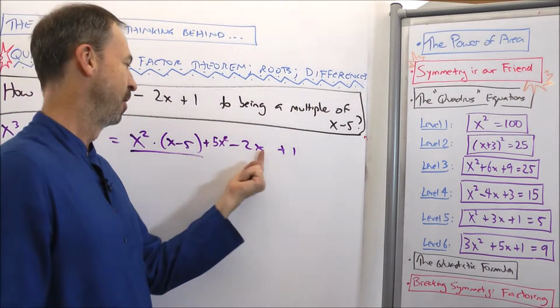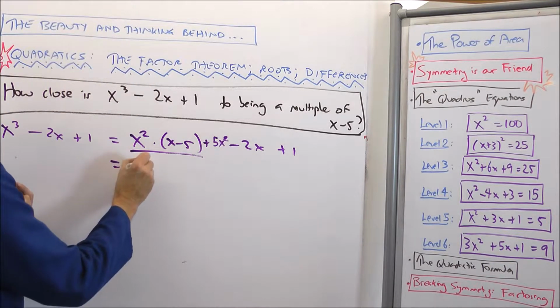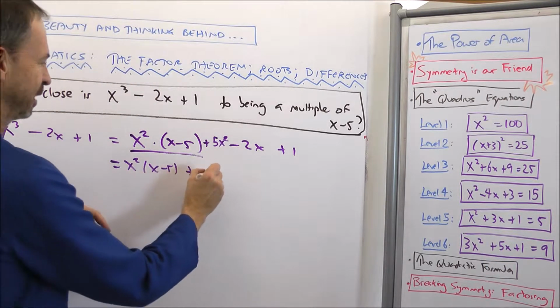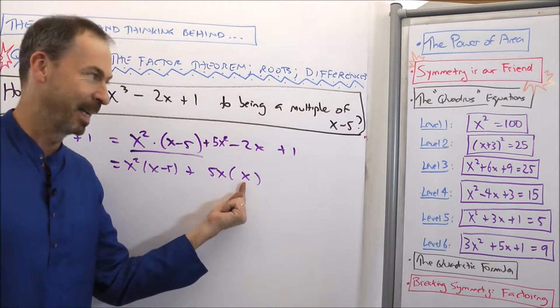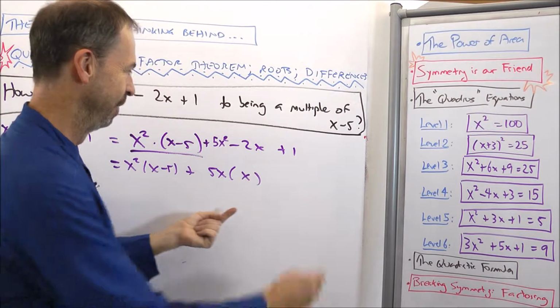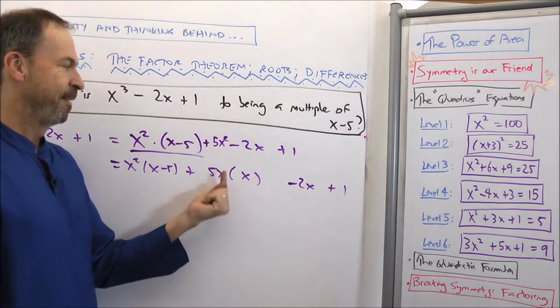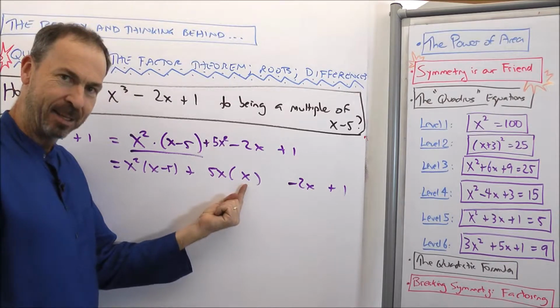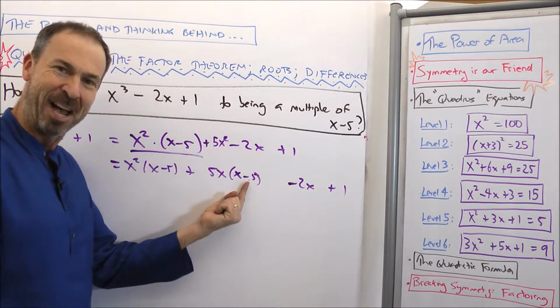Now let me focus on the next term, 5x squared. So I've got x squared times x minus 5 plus 5x times x. It's a multiple of x at least, but I want x minus 5. There's still a negative 2x and a plus 1. I can make it a multiple of x minus 5 by just making it a multiple of x minus 5.